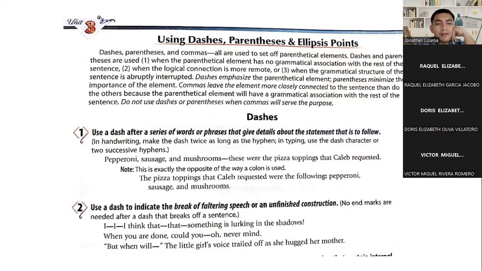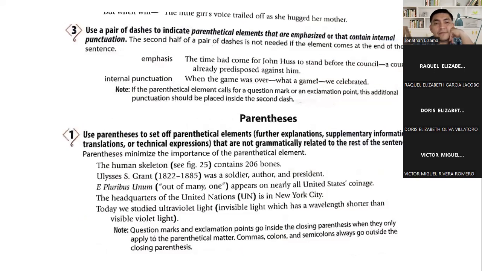But when will, the little girl's voice trailed off as she hung her mother. Cuando hacemos una pausa muy grande, agreguémosle un guión. Por eso en los libros aparece, o en todo caso, ¿verdad? Así como repitiendo pronombres. Let me see.